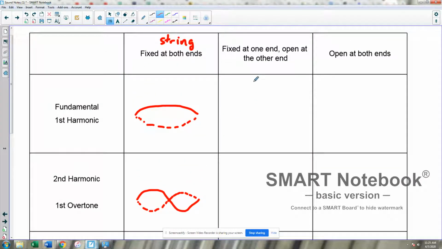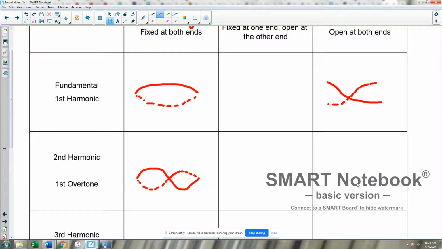For one that's fixed, we'll do this one last. If it's open at both ends, it's got to have an antinode here and an antinode here. So it ends up looking kind of like two halves of a wave, but it's still the same length as this one.